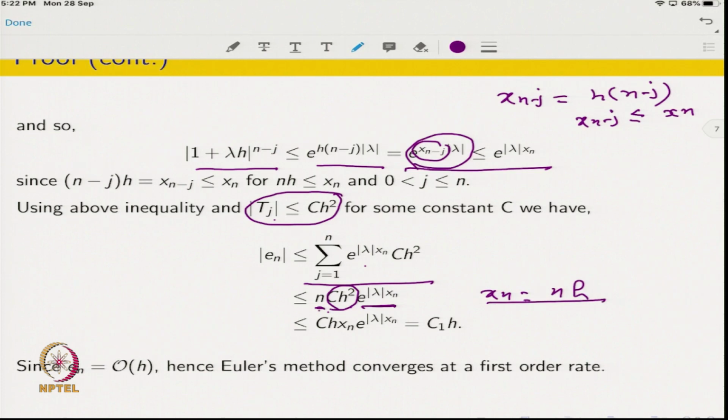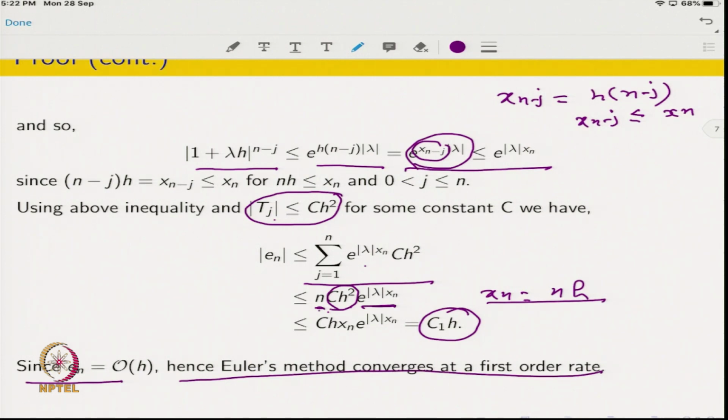So, using the value of this variable we can formally write this as C1 h. This is a more formal way of proving the convergence, because we are saying, as h tends to 0, the absolute value of En tends to 0. Since En is of order h, hence the Euler method converges with the first order rate.